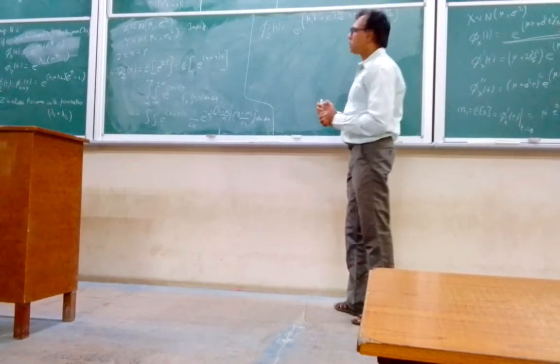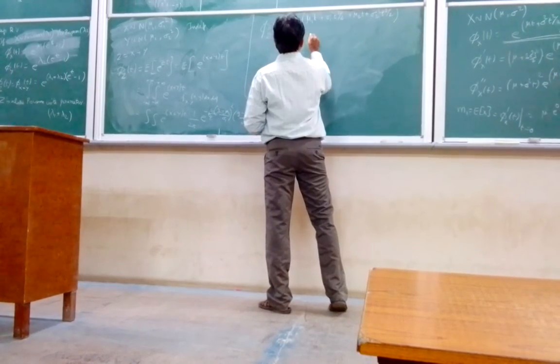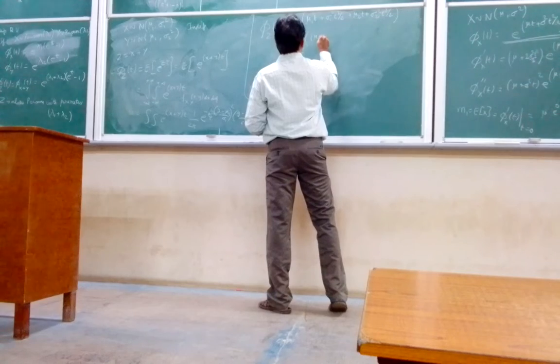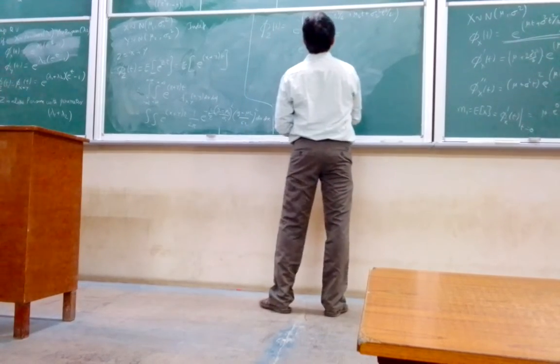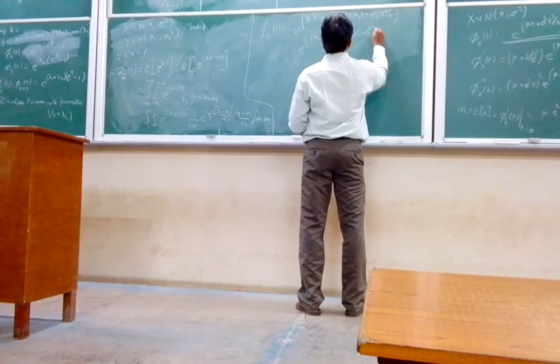So you can plug it as e power of mu 1 plus mu 2 into t plus sigma 1 square plus sigma 2 square into t square by 2.